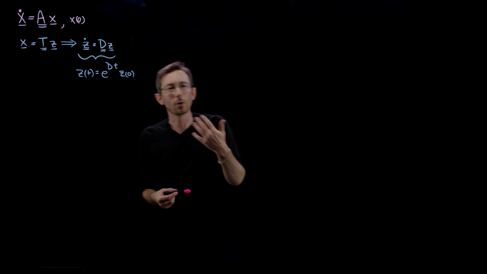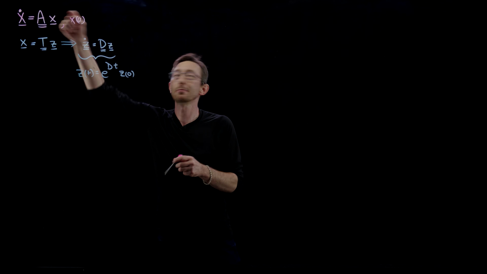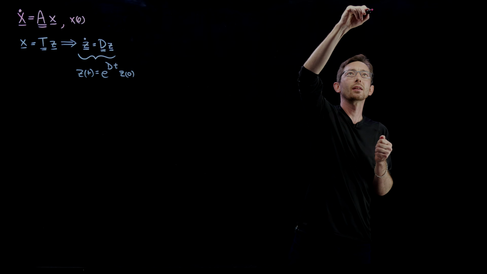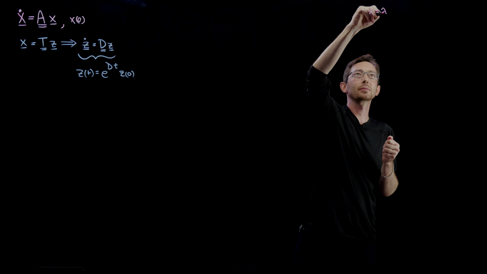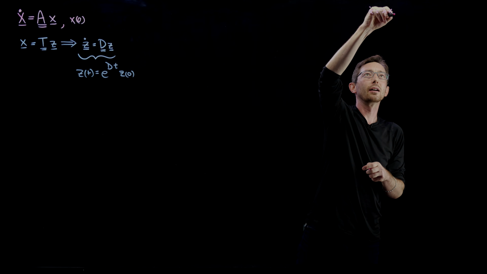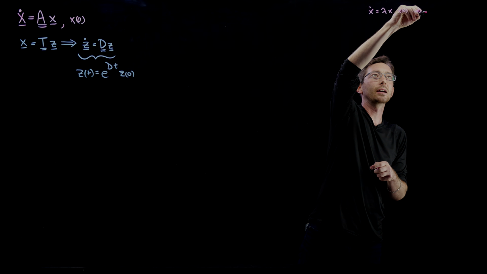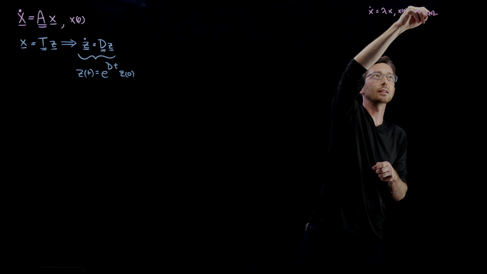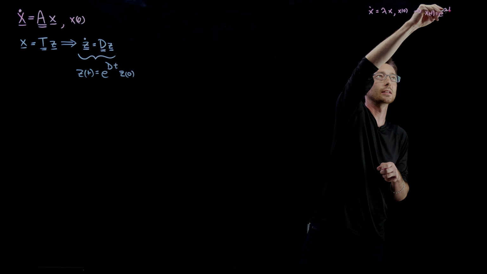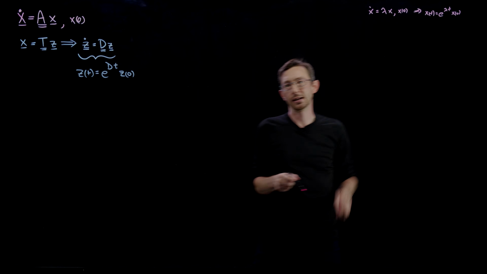And we're used to thinking that the solutions of differential equations x dot equals lambda x. If I had x dot equals lambda x for a scalar x and a number lambda, and I had some initial condition, then the solution would be x at time t equals e to the lambda t times my initial condition, e to the lambda t times x naught.